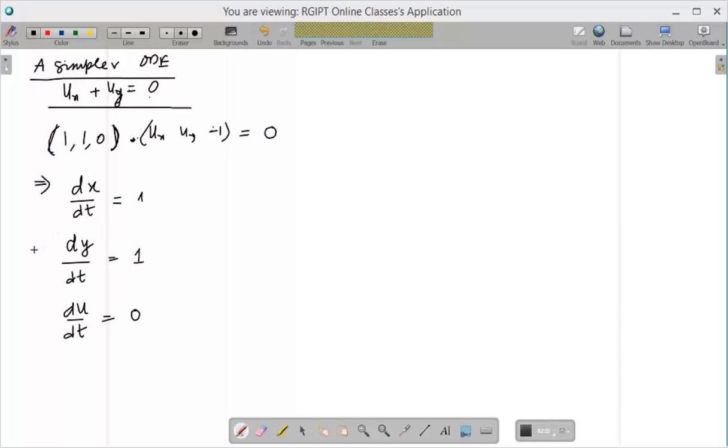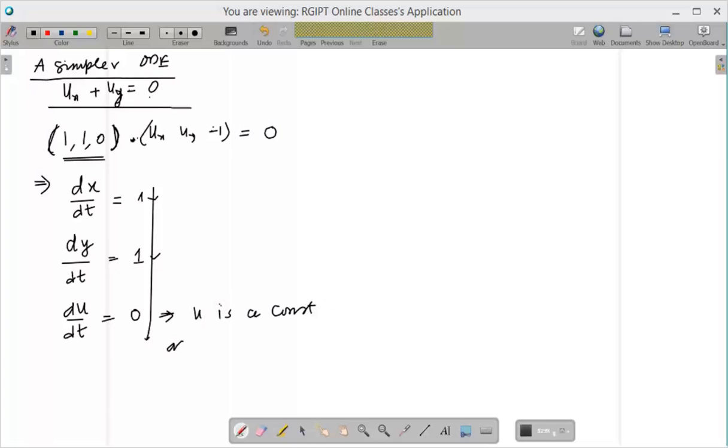Remember I'm changing t simultaneously. So it's telling me that if I change my t such that these three conditions are simultaneously satisfied, I'm moving parallel to this vector. As long as these two conditions are satisfied, this one will also be satisfied, which tells me that u is a constant.